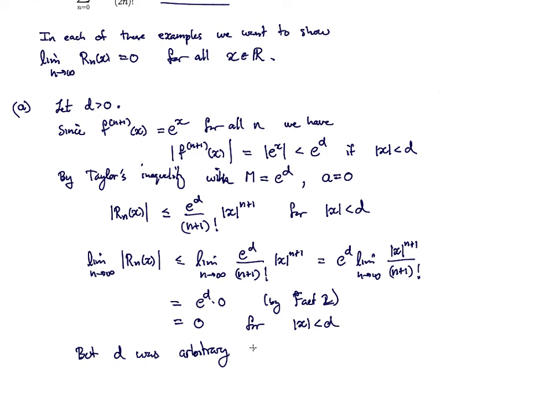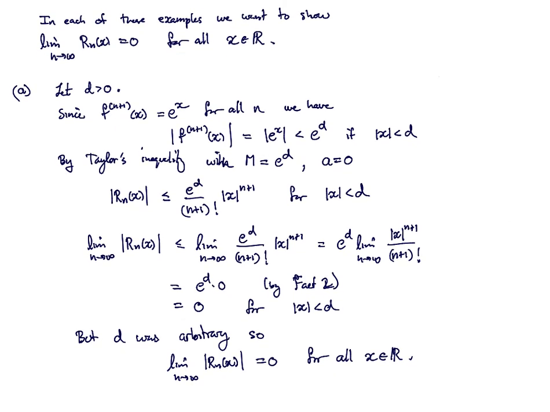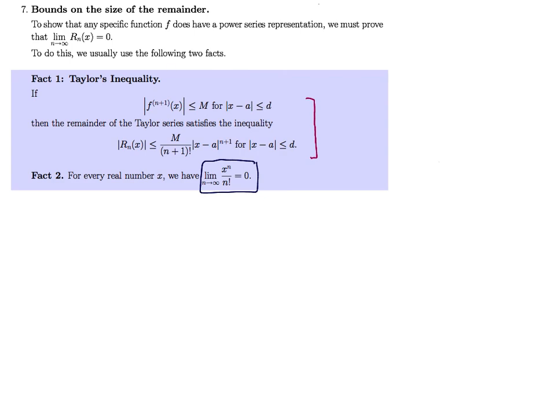So d was arbitrary. So we have that the limit as n goes to infinity of the nth remainder of x is 0 for all x in the real numbers. So we've shown that the remainder goes to 0 for any x. And what does that mean? It means that the series has to converge to the function because the remainder is going to 0. So let's go back to the previous page.